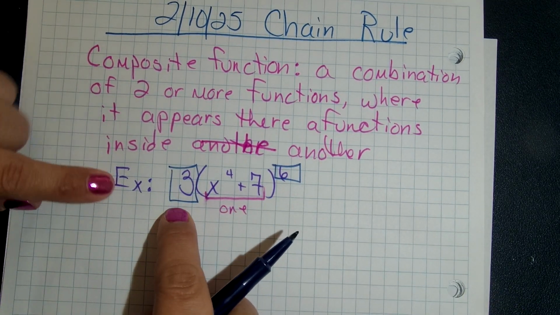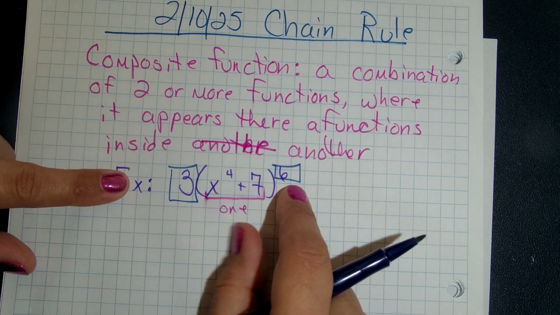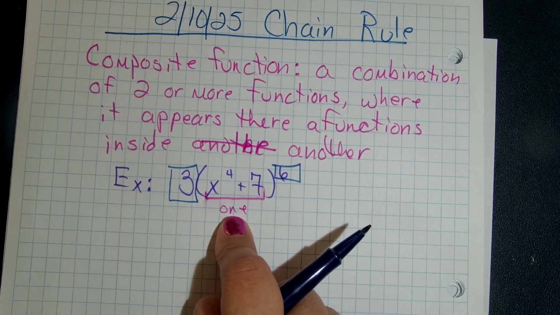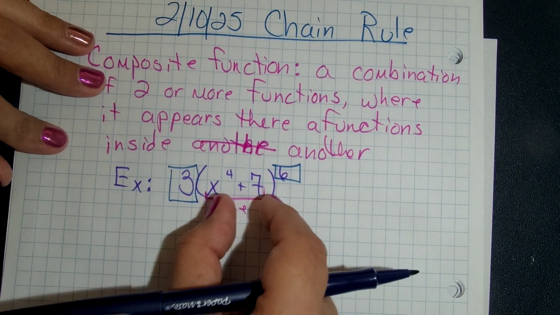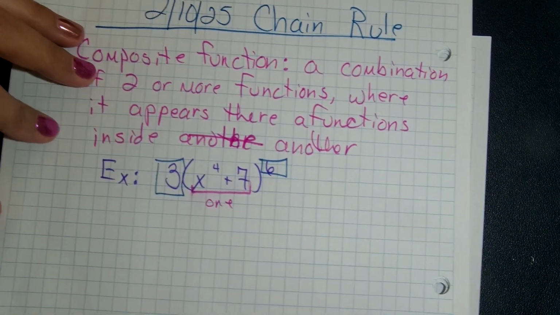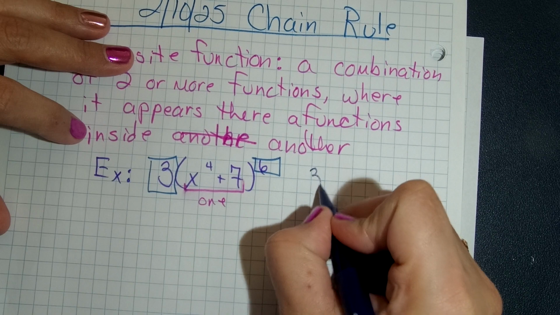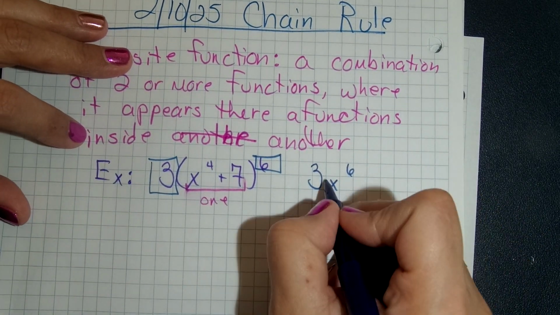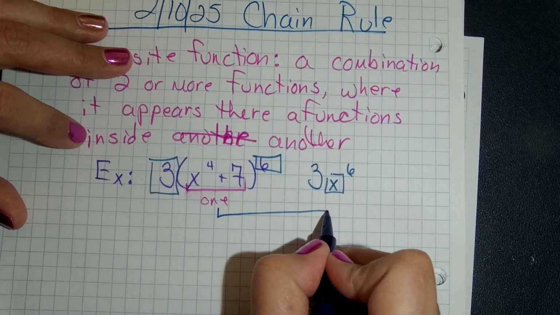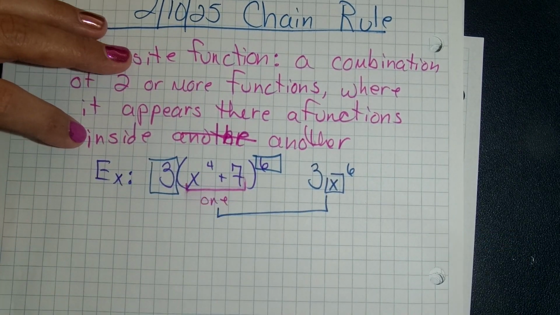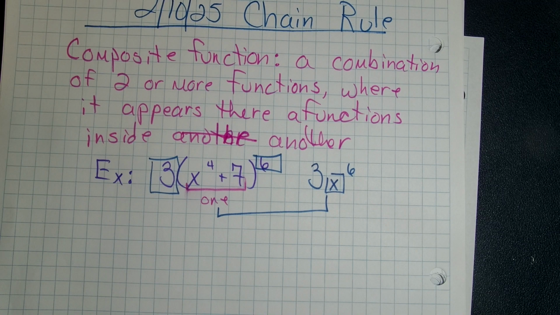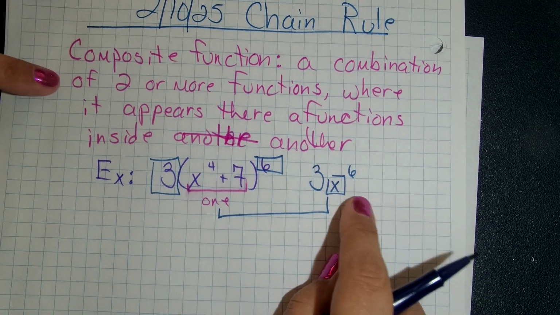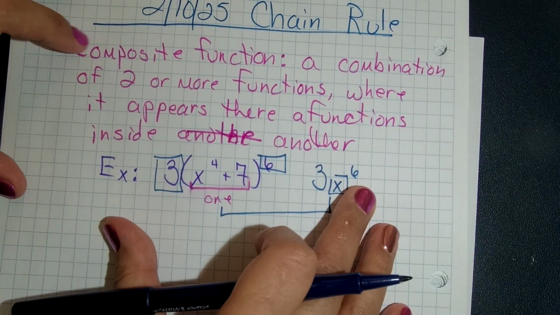So this is the coefficient of 3 raised to the 6th power. We have things inside of another function. So what I mean by that is if we had 3x to the 6th, this is one function. But we replaced the x with x to the 4th plus 7. So we have a bigger function inside the smaller function.